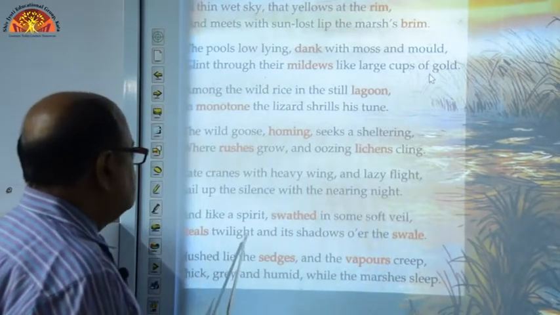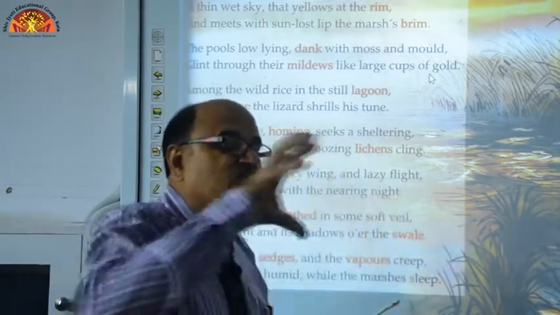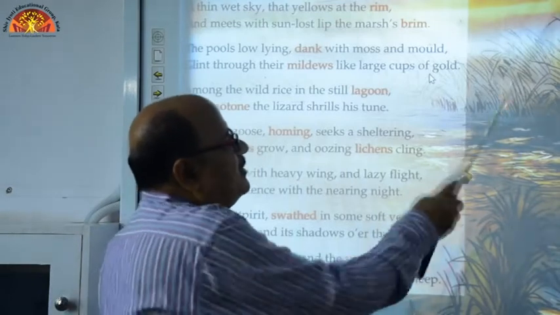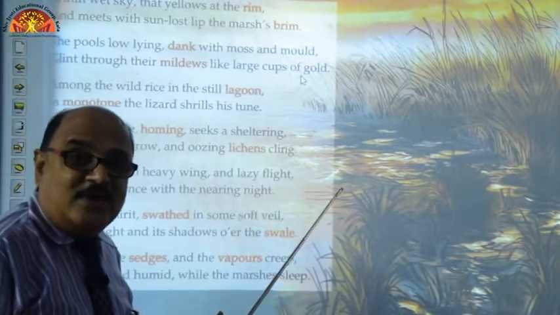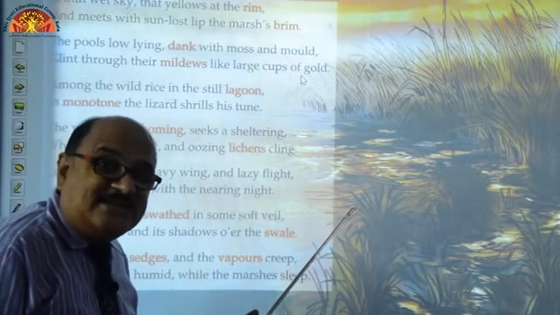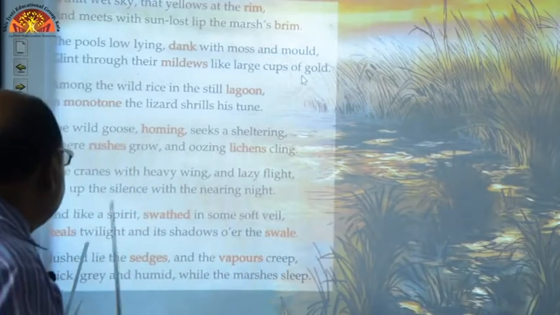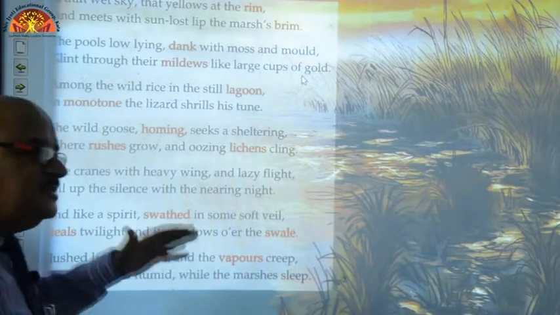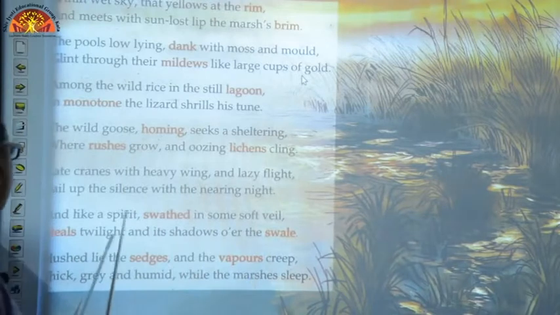Steals twilight means this night time is about to steal twilight, and now it will grow dark. Earlier it was golden red, golden yellow, but now it is dark. So, it seems that night time is about to steal this twilight and everything will grow dark.